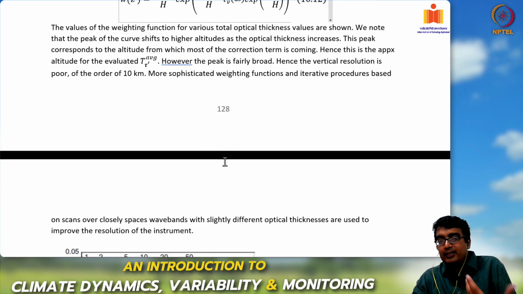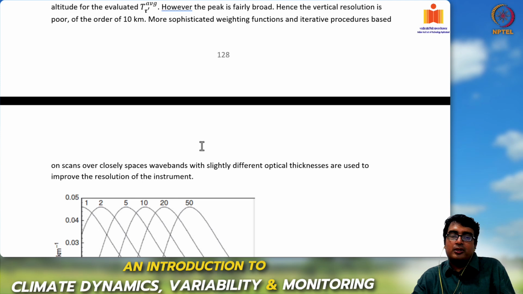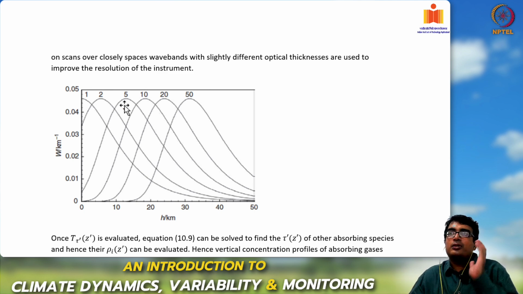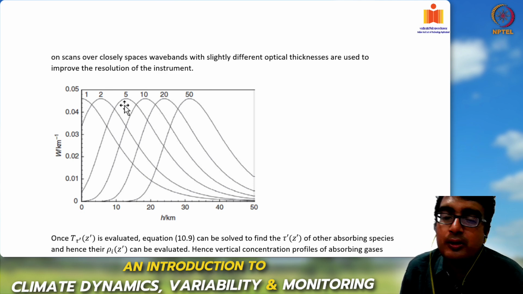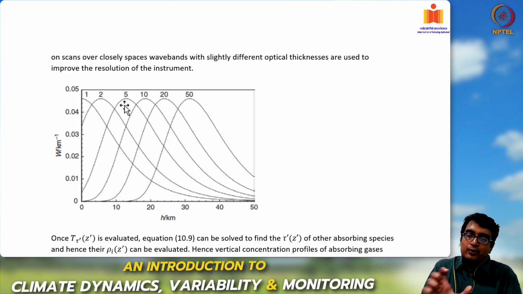So what is done is that you either put more sophisticated weighting functions and you use an iterative procedure based on scans over closely spaced wavebands. So you put one weighting function here, another closely spaced here. These will differ slightly. So use that and use a careful algorithm to get better resolution based on the different values of T average that you are getting for closely spaced wavebands.